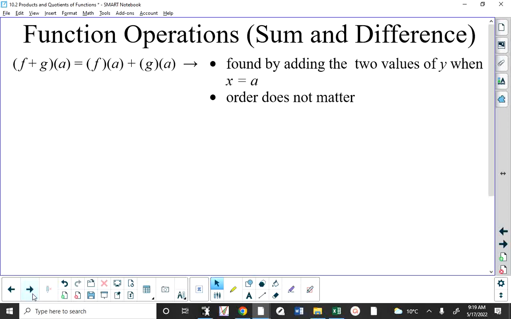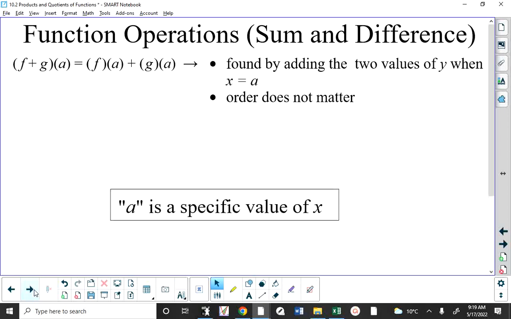What this culminated in yesterday, and this is what we spent a lot of time demonstrating, is that really it's all about y coordinates. So when I'm talking about (f plus g) of a, where a is a specific number, all that means is figure out what f of a is, figure out what g of a is, and add the two. But you should know, listen very carefully to this, f of a is just a way to say the y coordinate on f when x is a.